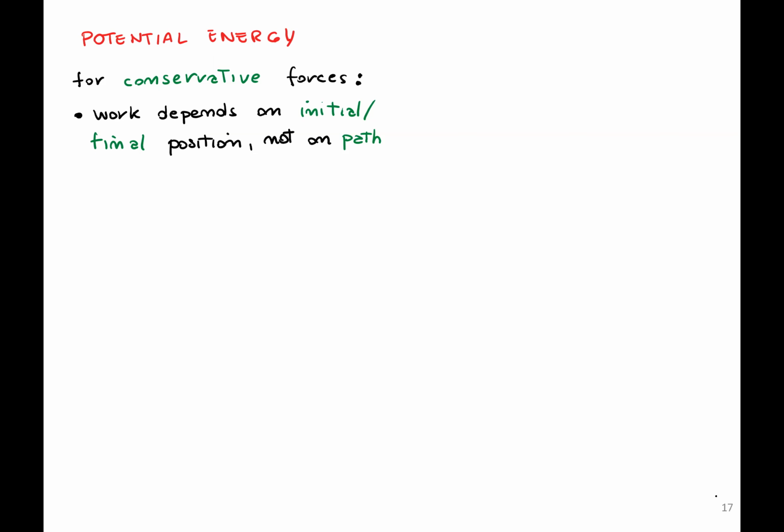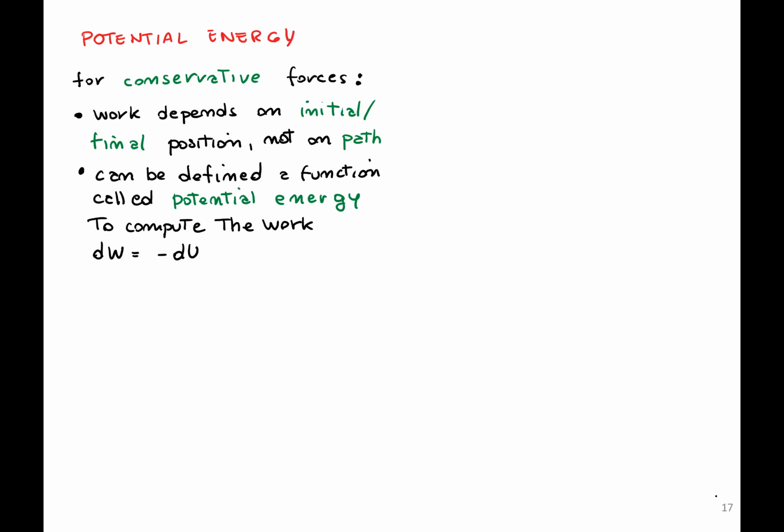Otherwise the work would be the integral of the force times the displacement. In this case, we can define a potential energy. So this elementary work will be a differential of potential energy, for which at each position we can define a potential energy that represents the work of this conservative force.